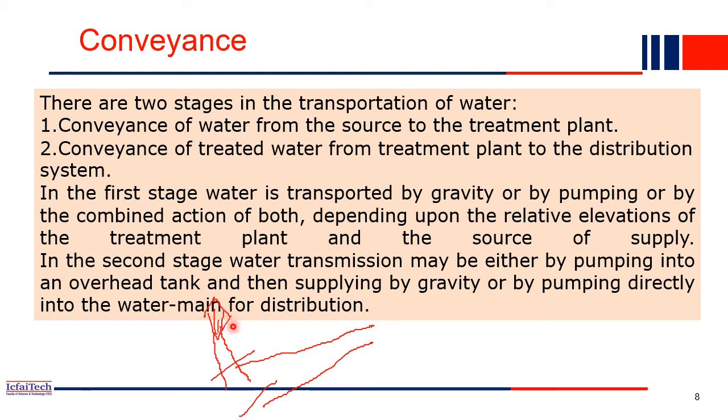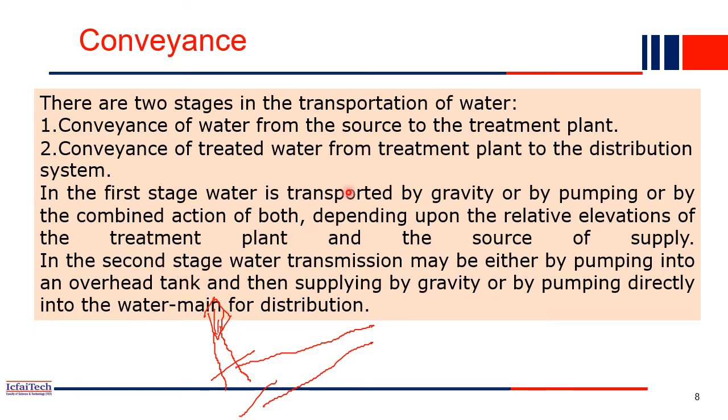That is one type of conveyance of water. Or sometimes we use the intake structure, like the one I showed on the first slide, where we use a pump for collection of water. So water is collected from the source to the water treatment plant either by gravity or by pumping, depending on the location of the water treatment plant and the availability.